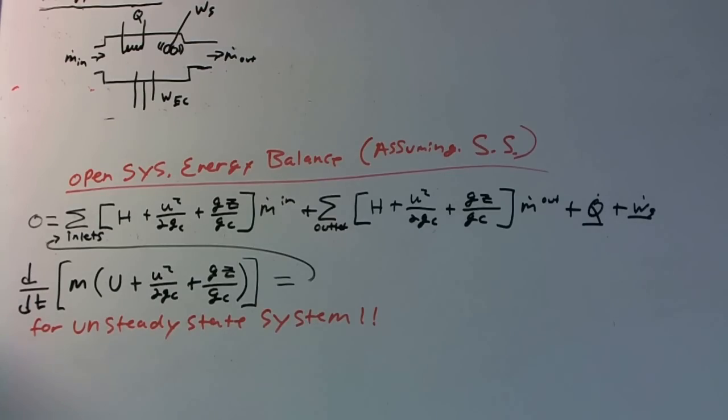So hopefully this helps. Hopefully this long, possibly a little confusing derivation helped, because it's easy to apply an energy balance or any equation in general without knowing where it comes from, just plugging and chugging.